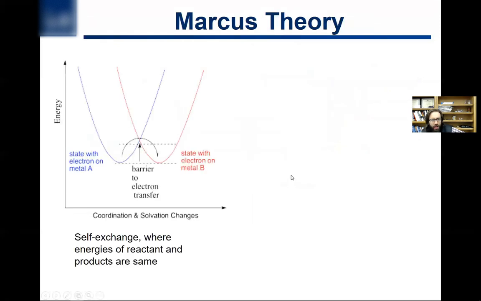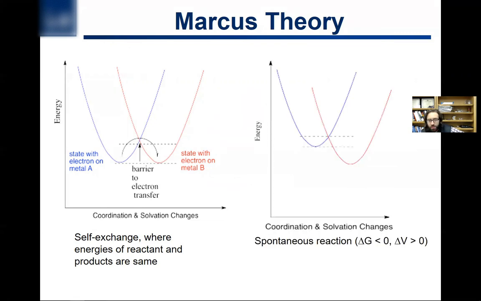And so when you have self-exchange in Marcus theory, your graphs look like this. That's where your energies of reactants and products are the same. What we want to talk about now is what if your reactants and products are different, right? And so that would be like probably a spontaneous reaction we're talking about that has a positive voltage.